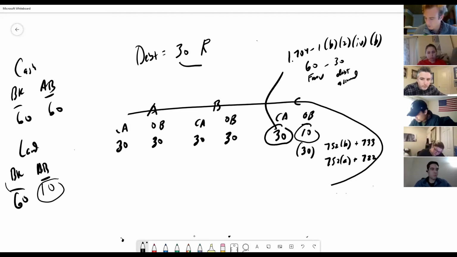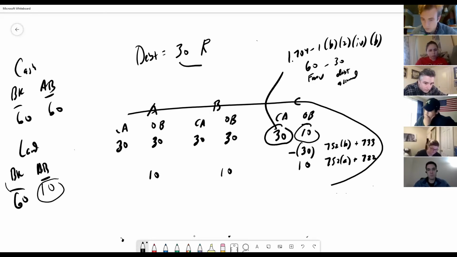And then he's getting back 10, as they all are. So we have a constructive distribution of 30 and then a simultaneous constructive contribution of 10. We didn't really have to worry about this before because we had plenty of outside basis. This was 40, which gave us plenty of room to maneuver.